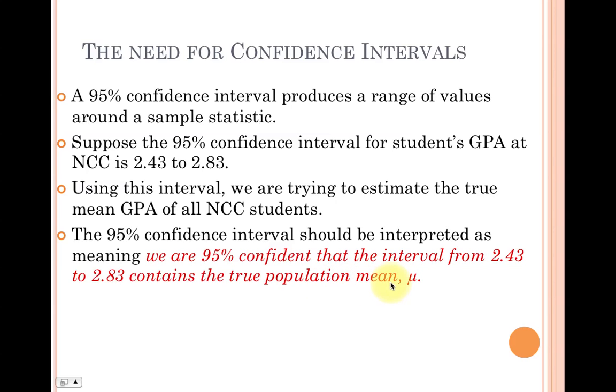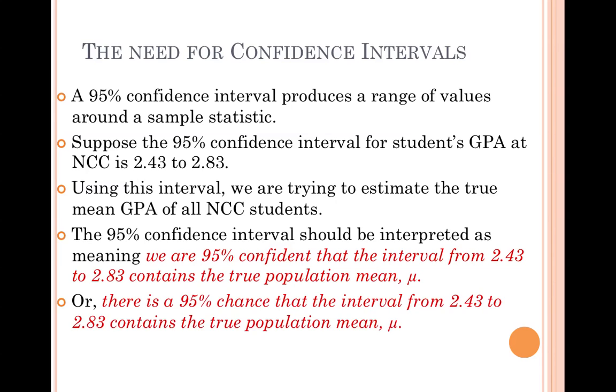We don't know it exactly, so we produce this range of values, 2.43 to 2.83, to come to an estimate of what the true population mean could be. Another way of stating that same thing would be to say that there's a 95% chance, because this is all based in probability, that the interval from 2.43 to 2.83 contains the true population mean mu.